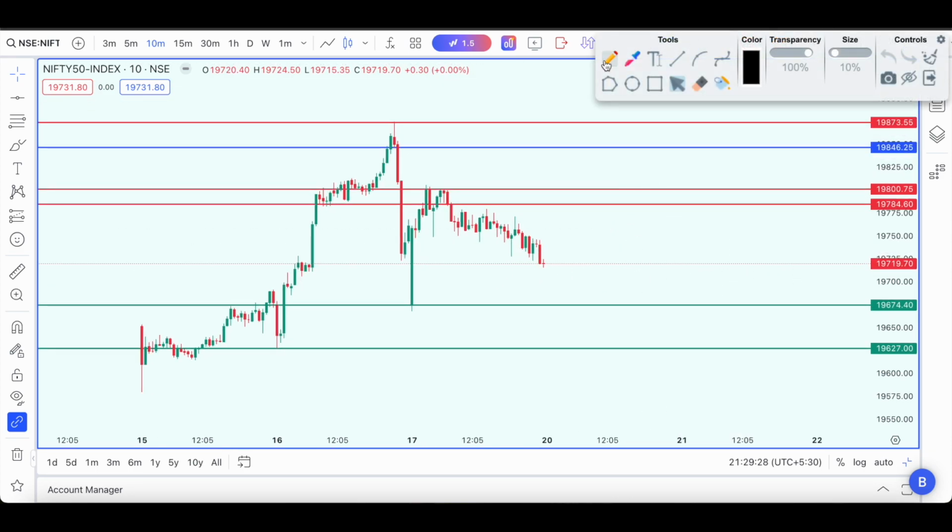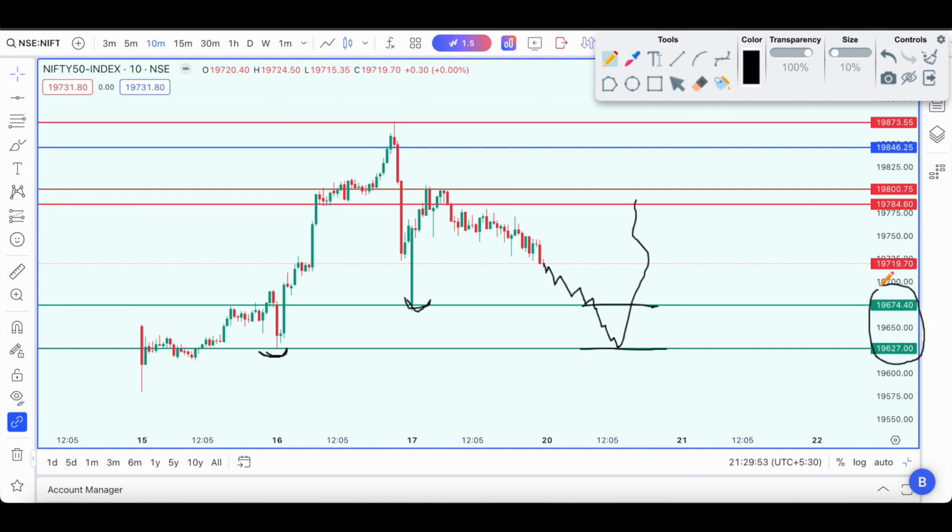This is one level where you can see we recently got demand from these ranges. I am expecting that if Nifty comes back to these ranges, we should get some demand from these areas.